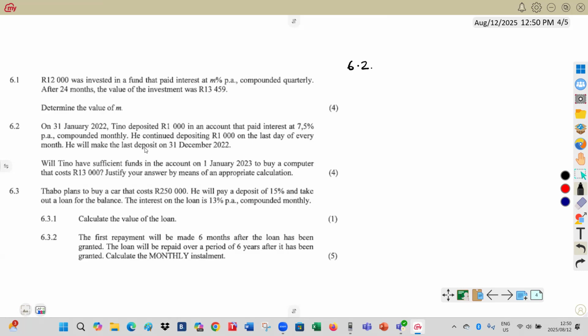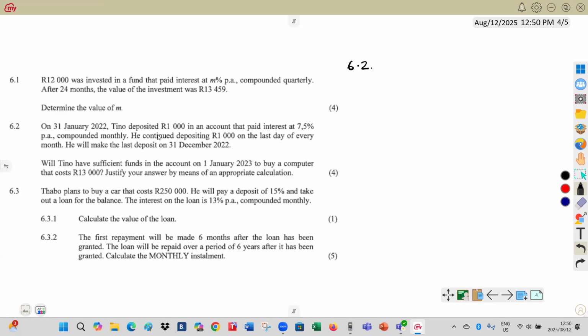He will make the last deposit on 31 December 2022. Will Tino have sufficient funds in the account on 1 January 2023 to buy a computer that costs 13,000? Justify your answer by means of an appropriate calculation.